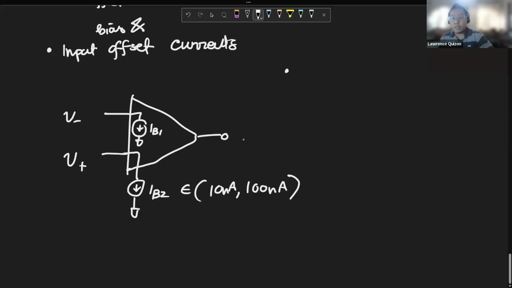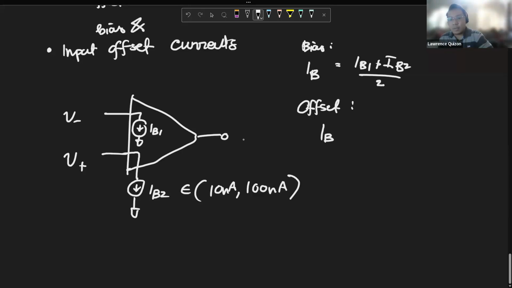Now you have two definitions. The input bias current is the mean of these two currents, and the offset current, IOS, is the difference between these two.